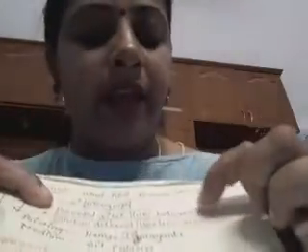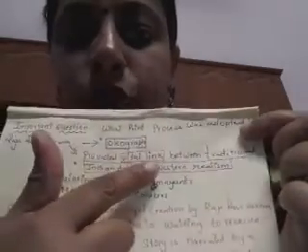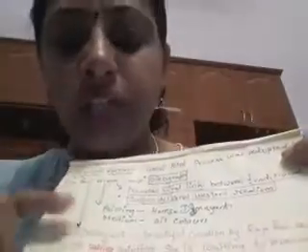Now, the following are some additional points that you can add to improve your writing. Raja Ravi Verma provided a vital link between the traditional Indian art and Western realism.